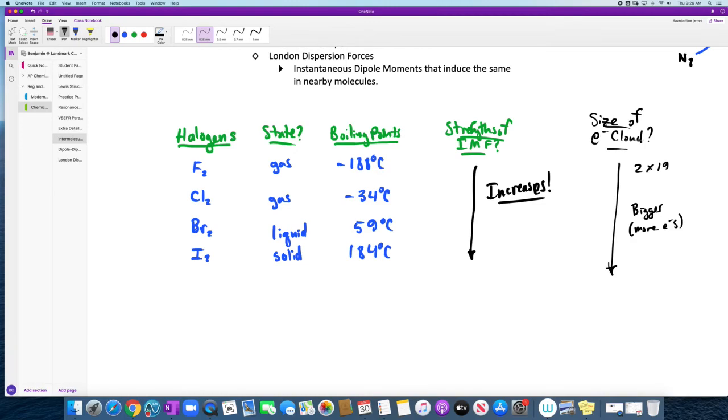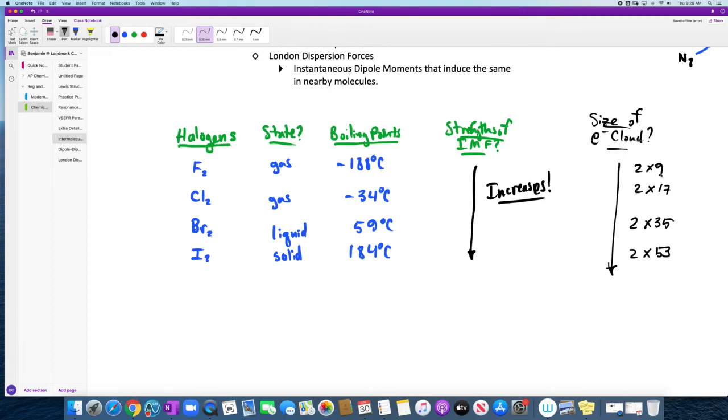Sorry, not element 19, element 9. 2 times 9 electrons. Chlorine, 2 times 17. Bromine, 2 times 35. And iodine, 2 times, I think it's element 53.